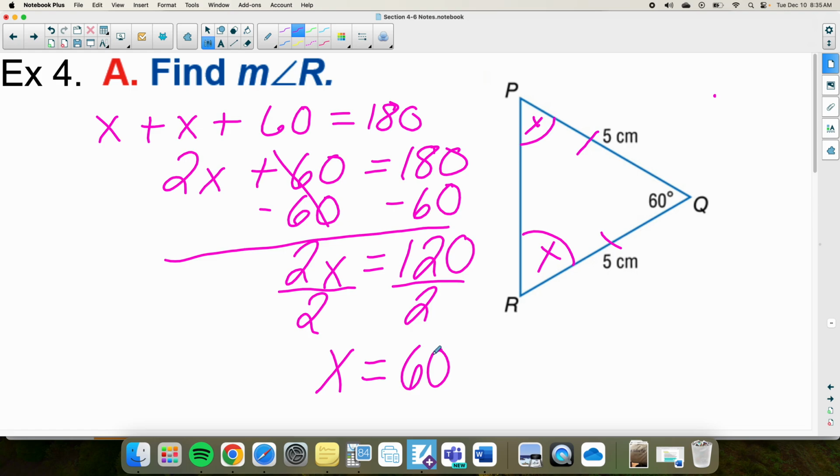But the other way, if you didn't know that, there's a shorter way that you guys could have done this, and that is, if you know this is 60, I could have gone 180 minus 60, which is 120, and I would know that those two are equal and add up to 120, so couldn't I divide it by 2? And 120 divided by 2 is 60. So either of those ways work, whatever makes more sense to you.